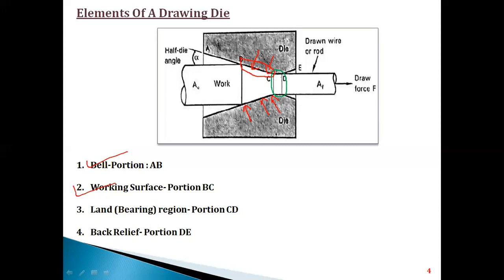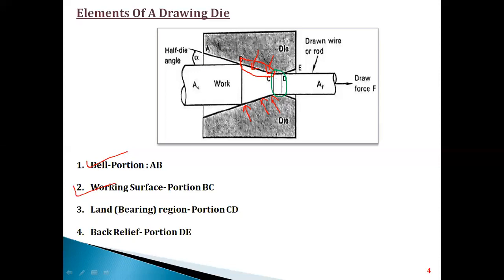And second important thing is, if you come from B to C and compare with C to D, it is the smallest cross section area in this particular process. So you can say that the land region is nothing but a die region having the smallest cross section area. The bearing region present here does not cause any further reduction of material.